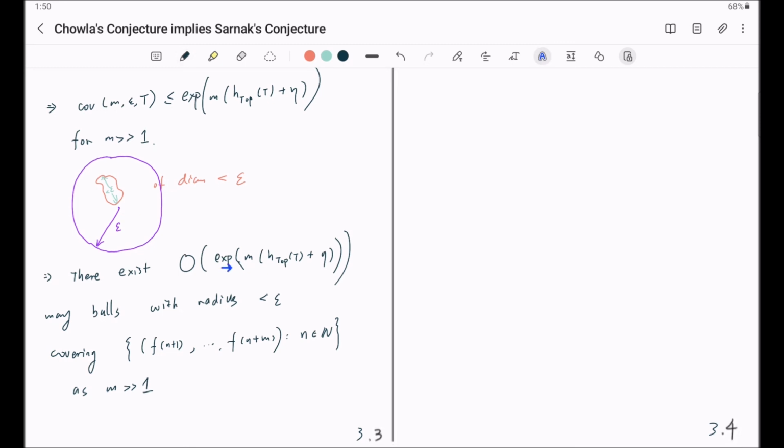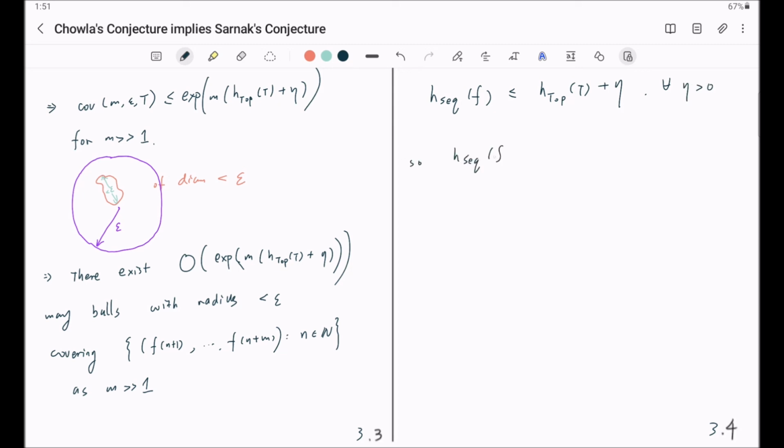This tells you, look at this big O exponential of m times this guy. The infimum number, namely the sequential topological entropy of F, must be bounded by h_top of T plus eta for any eta greater than 0.